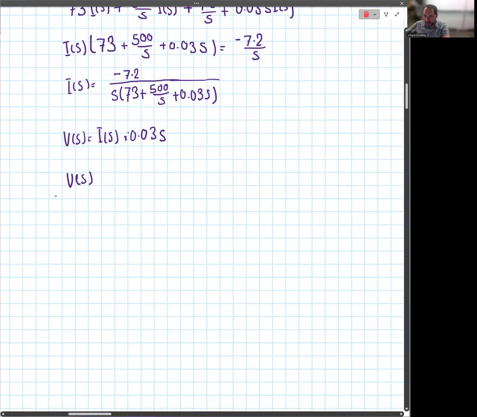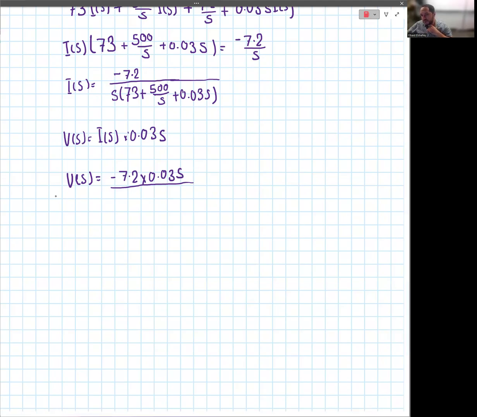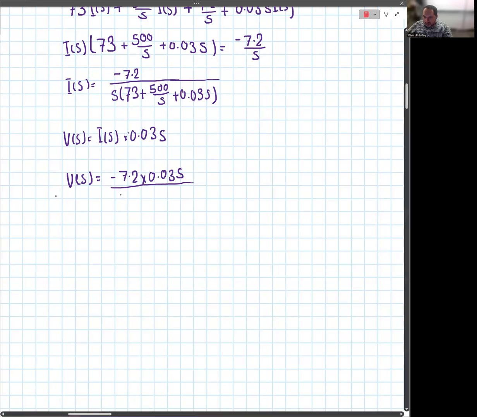Let's solve for V(S). So V(S) equals negative 7.2 times 0.03 S over, so it should be times S, over S times 73 plus 500 over S plus 0.03 S. We can cross the S with S, but we shouldn't, to make factorization easier.